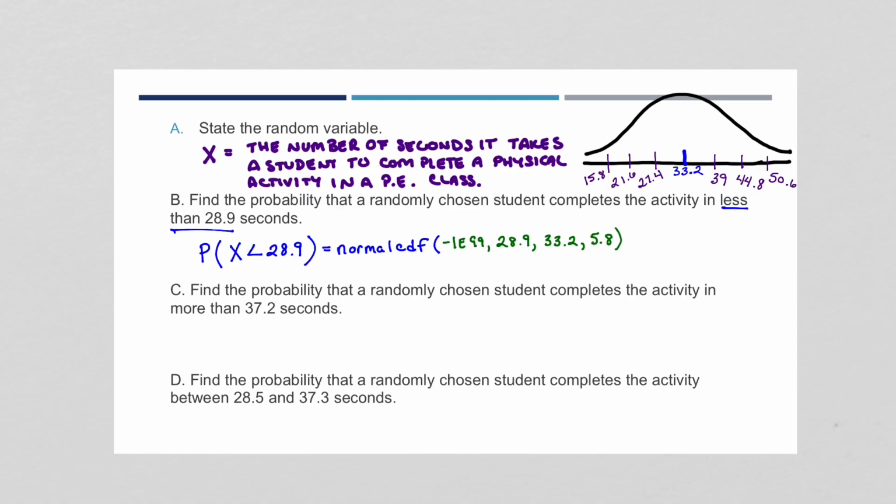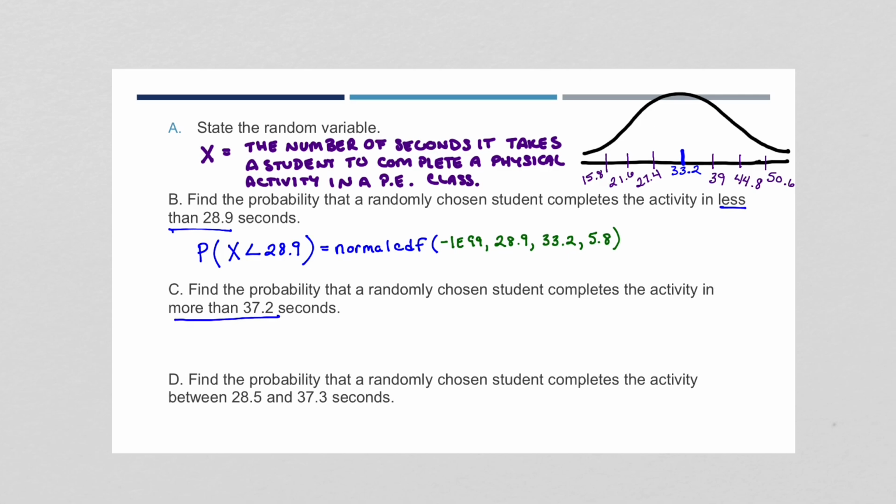I'm going to do the setup for part C and part D next. So for part C, we want to find the probability that a randomly chosen student completes the activity in more than 37.2 seconds. So this time our probability notation might look like P, or the probability that X, our random variable, is greater than 37.2 seconds.